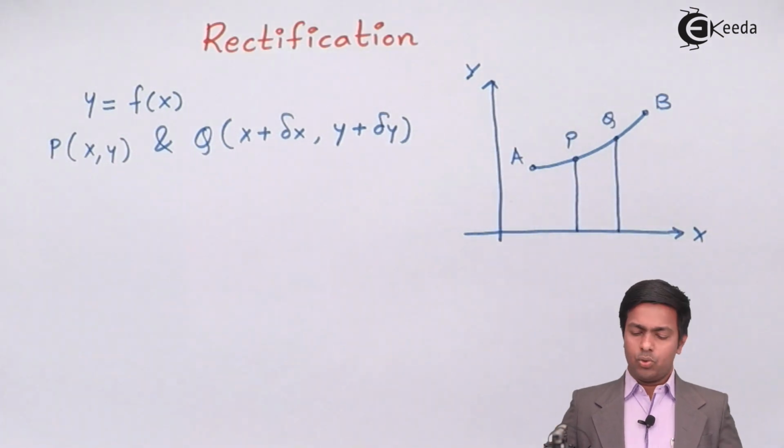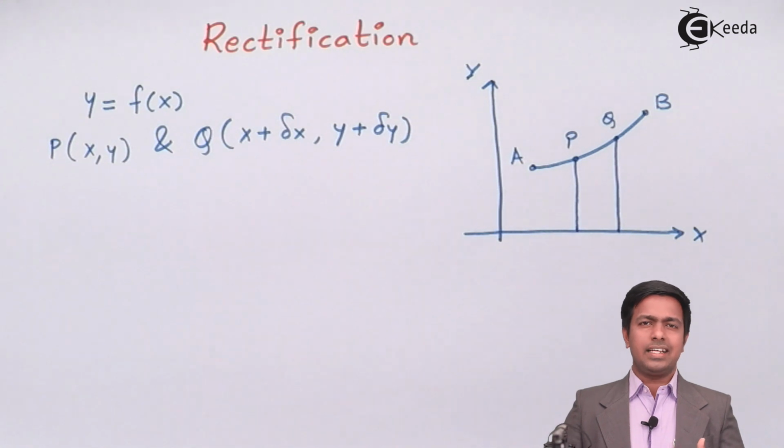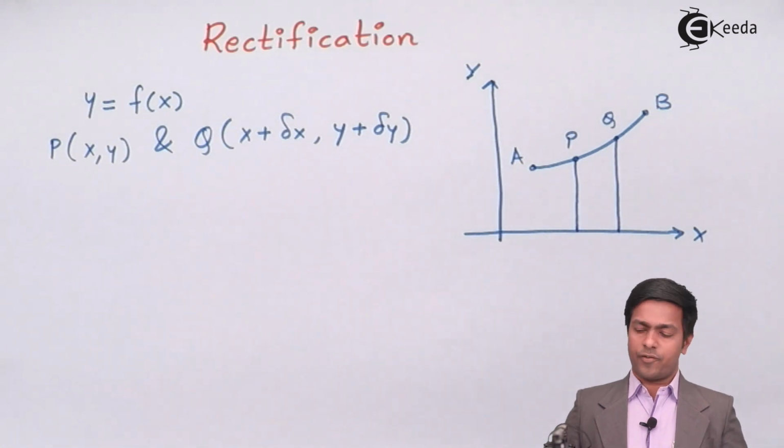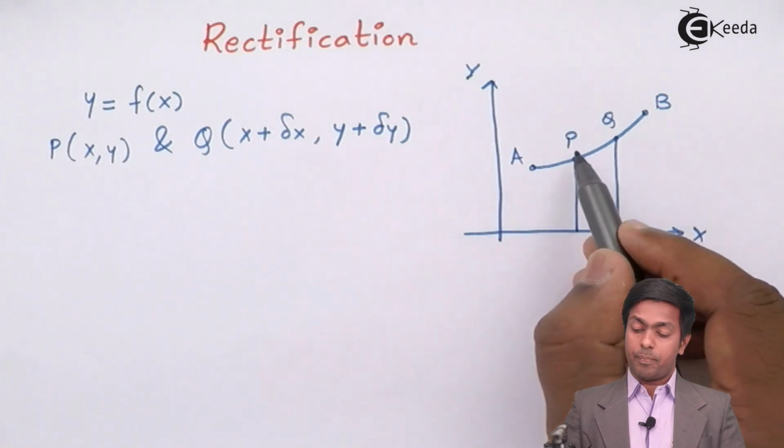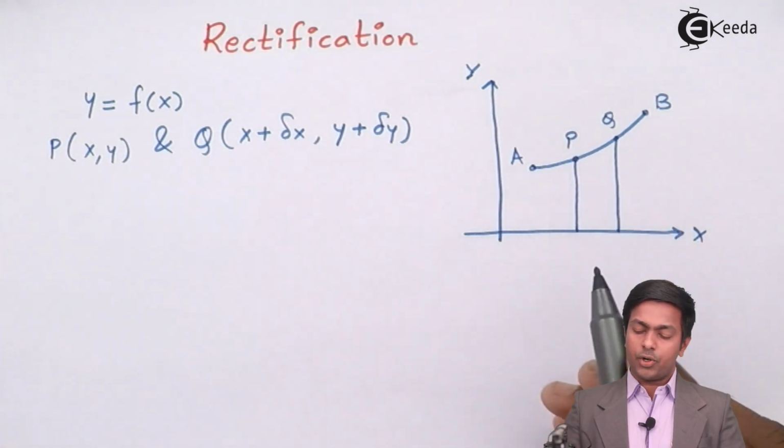Now to find out the formula, let's draw the perpendicular from the given point. So from P and Q both I've drawn the perpendicular on x-axis.